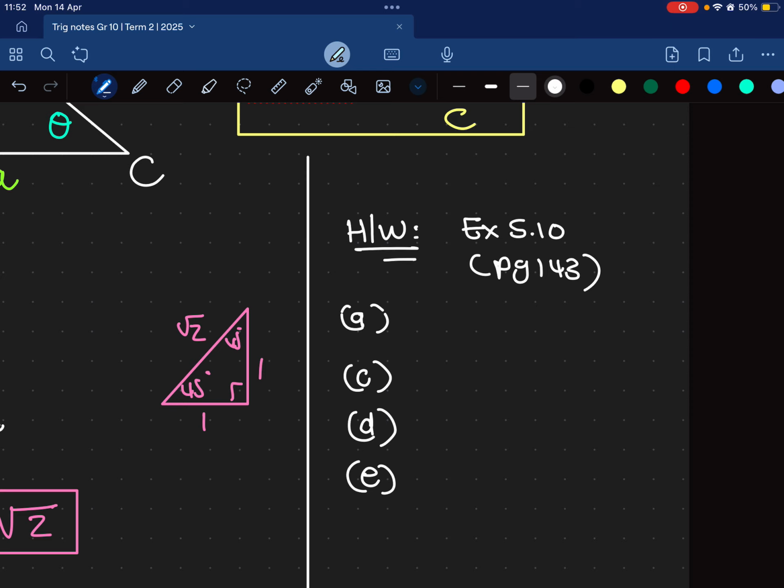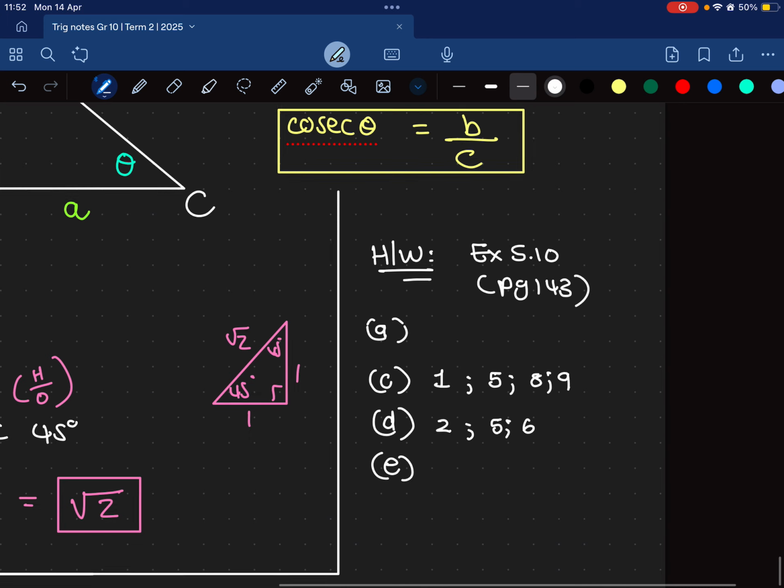For C you can do number 1, number 5, number 8 and number 9. D you can do number 2, number 5 and number 6, and for E you can do the whole thing.